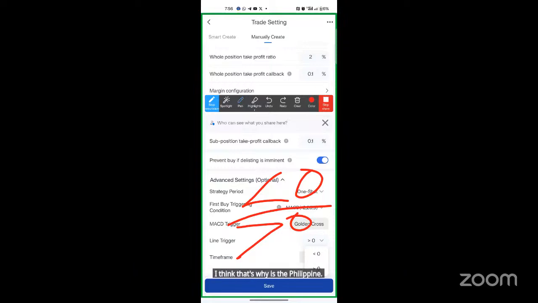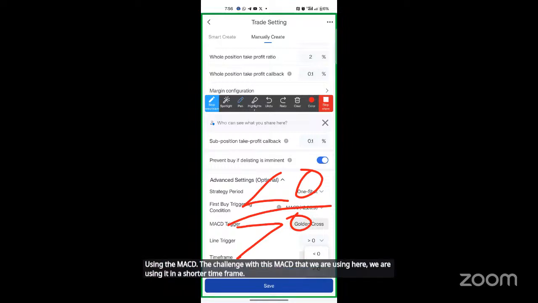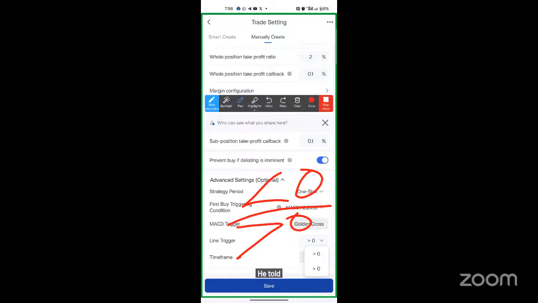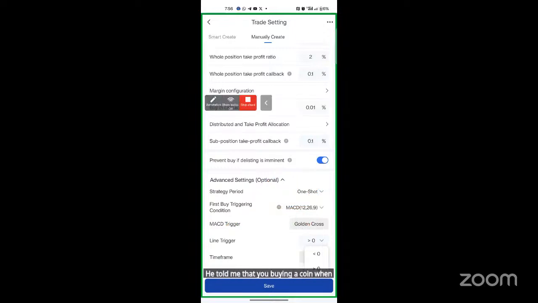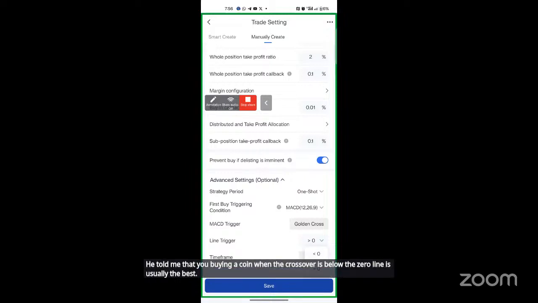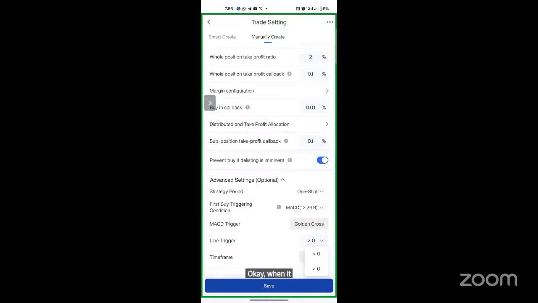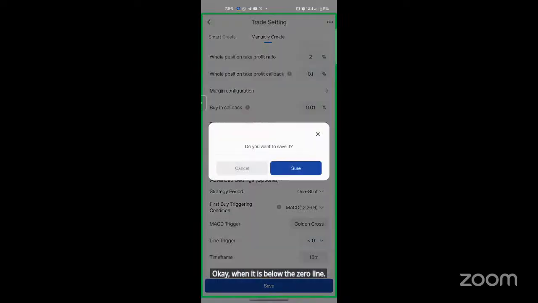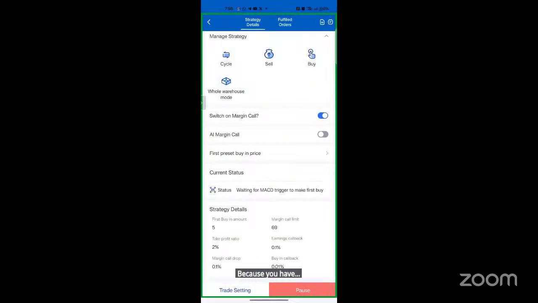He told me that with the MACD, which we are using here in a shorter time frame, buying a coin when the crossover is below the zero line is usually the best. Why? Because you have more range of the coin.